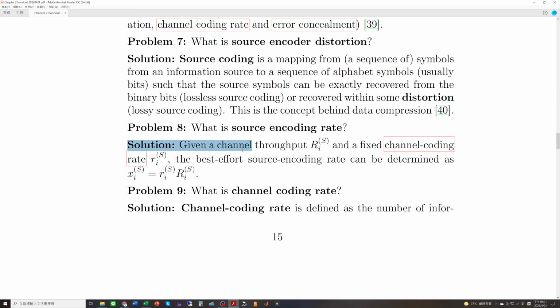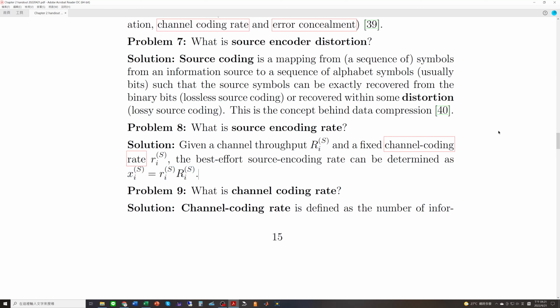Solution: given a channel throughput capital R_i^S, where i means the ith secondary user and S means the secondary user, and a fixed channel coding rate, small r_i^S, the best effort source encoding rate can be determined as X_i^S is equal to small r_i^S times capital R_i^S.